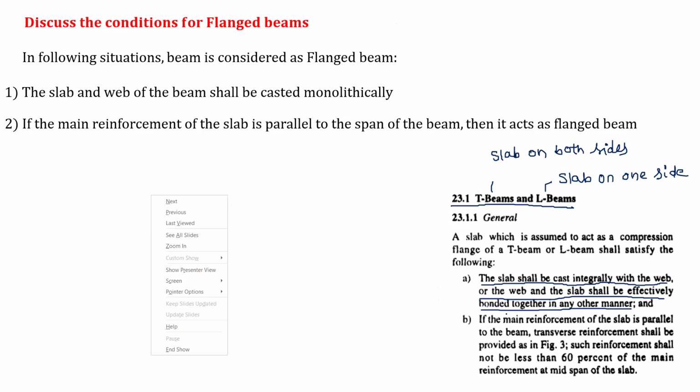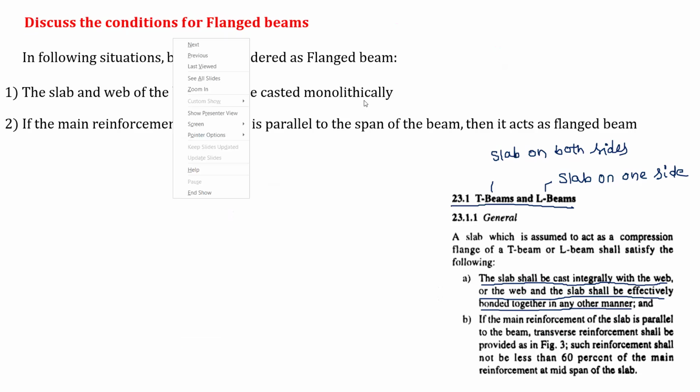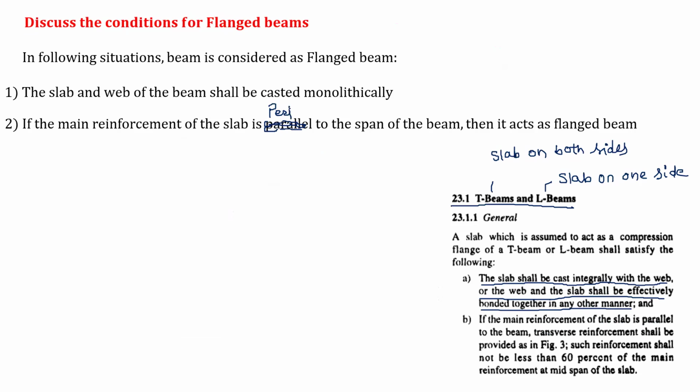If the main reinforcement of the slab is perpendicular to the span of the beam, then it acts as a flange beam.